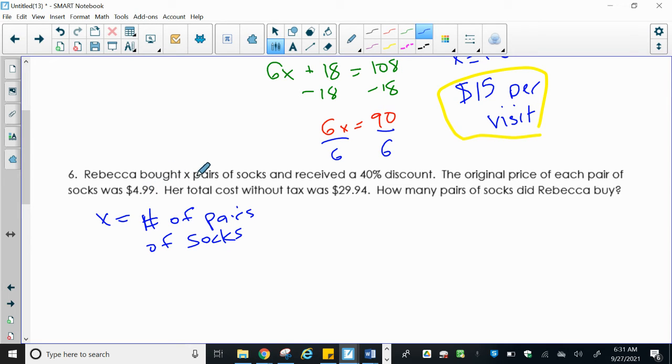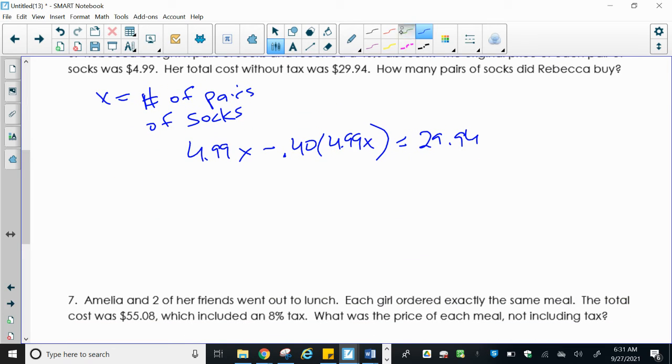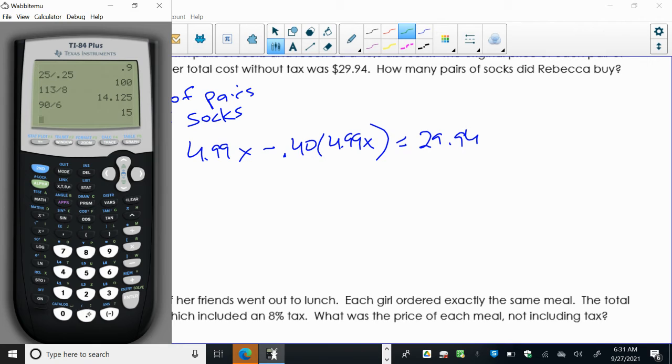So $4.99 per pair, 4.99x. We have to take off 40%, so minus 0.40 of 4.99x equals our total of 29.94. 0.40 times 4.99 is 1.996.